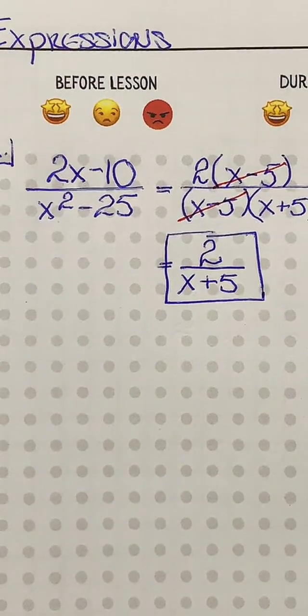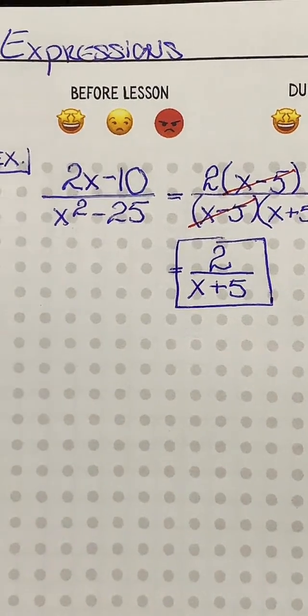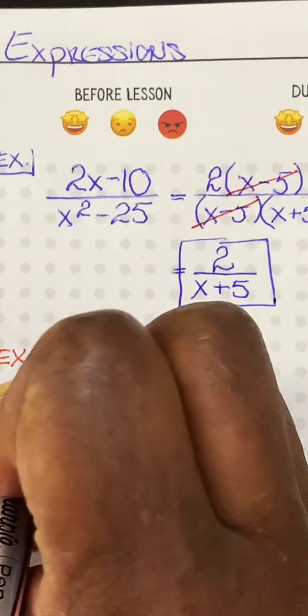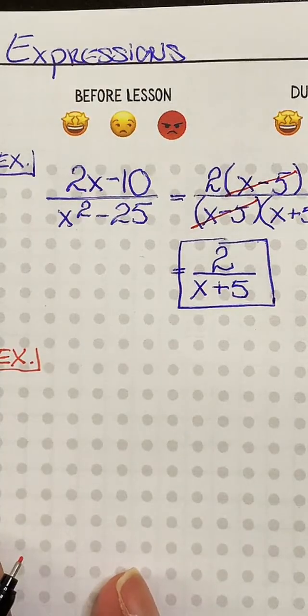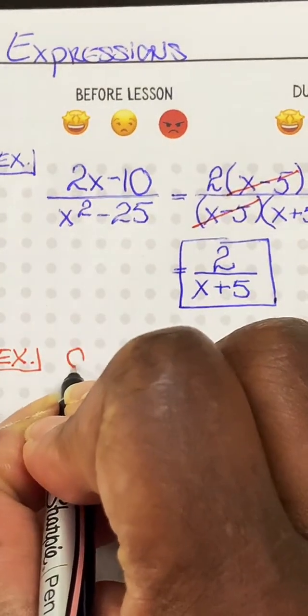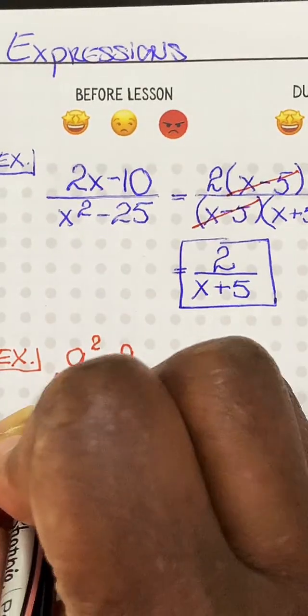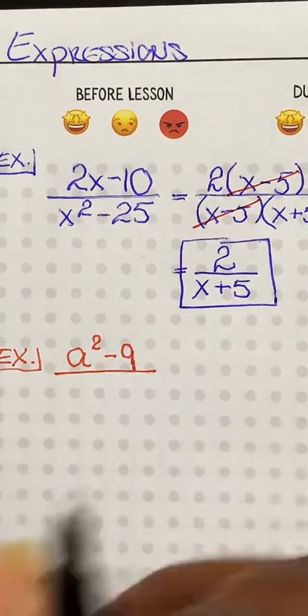Okay, so let's get with another one. Let's do, I'm going to use this marker. Let me step up, kind of ease us into all this, okay? Let's ease a little bit. So we have a squared minus 9 divided by, okay, this is a 9. Let me make it a little bit longer.